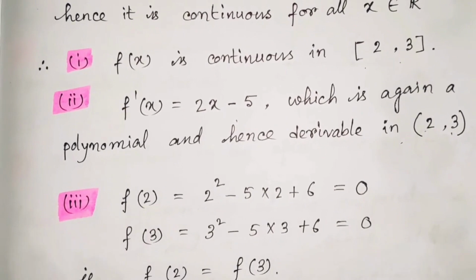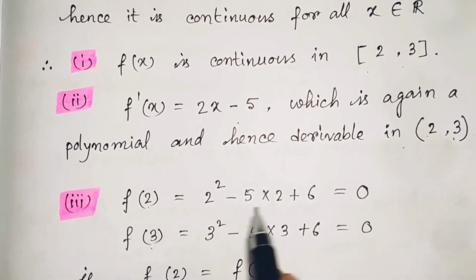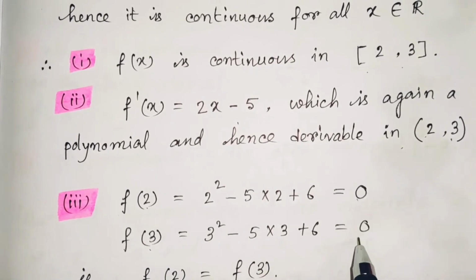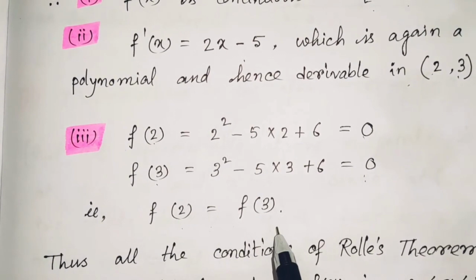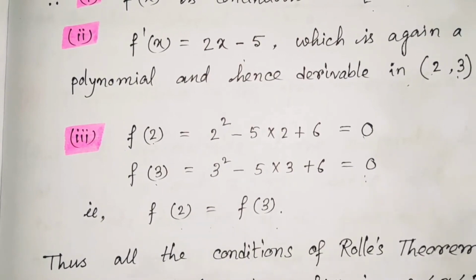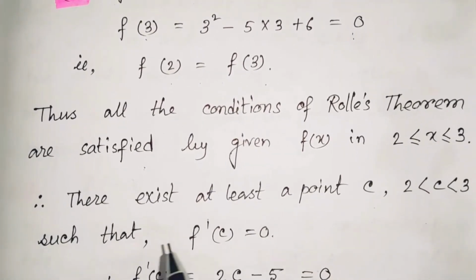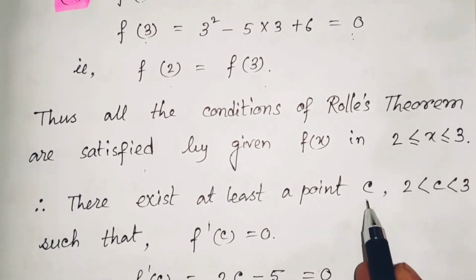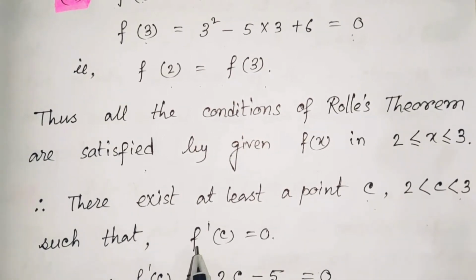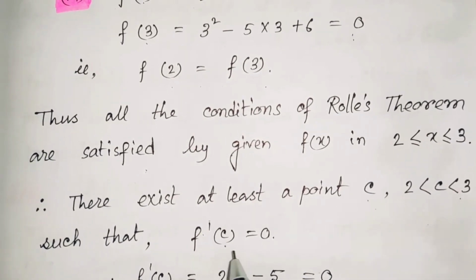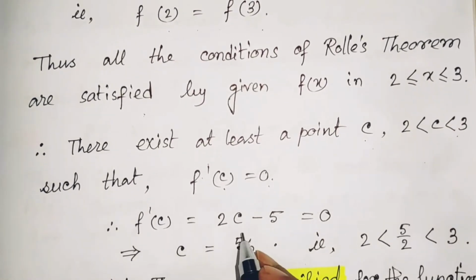Now at the end points, at the points 2 and 3, the functional value becomes 0 for both cases. So we can say that f(2) = f(3). All the three conditions of Rolle's theorem are verified here, so we can say definitely there exists a point c between 2 and 3 such that the derivative at that point is 0. The derivative of the given function is 2x − 5.